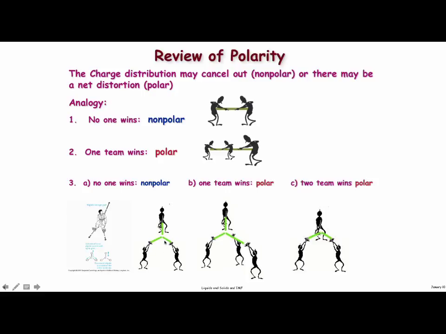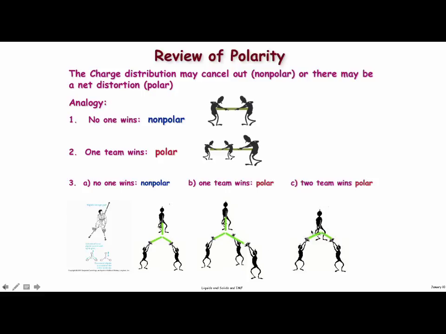Suppose we have 3 teams and they all have equal leverage among each other and they all have equal strength. Well, in this situation, there is no winner in this tug of war game. And so this would be a nonpolar situation. Suppose, however, that in this 3-team tug of war, one team is stronger. Let's say we have an atom that tugs more strongly towards those electrons than the others. Then there is a winner in this tug of war game and we have a polar situation.